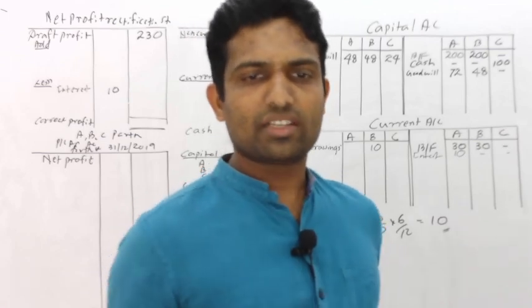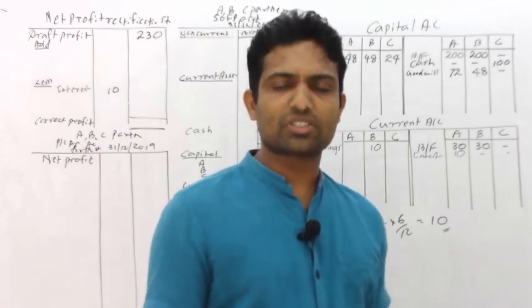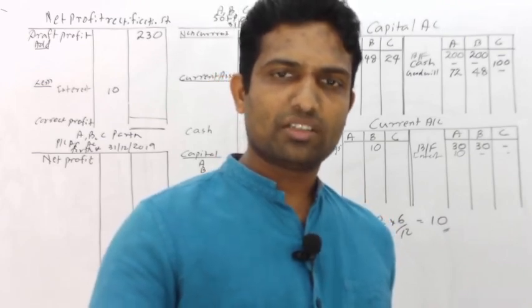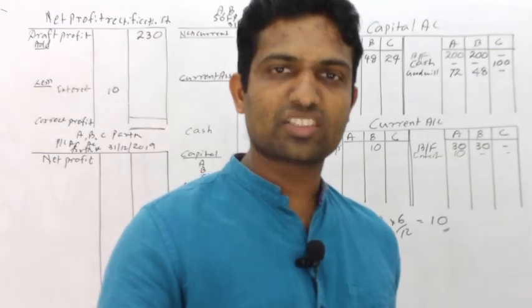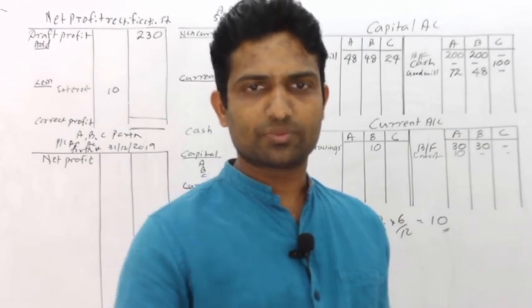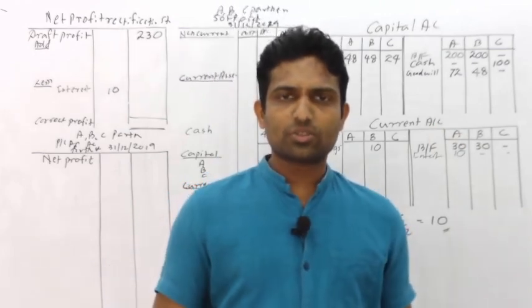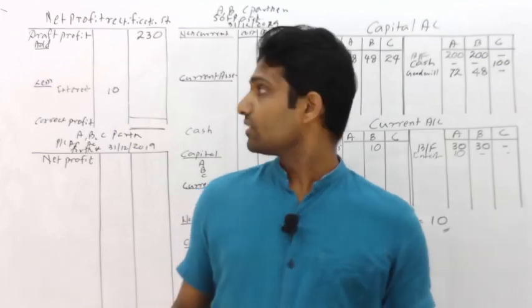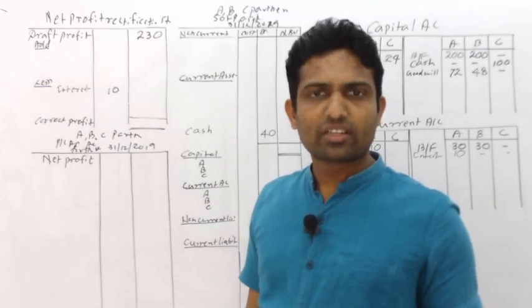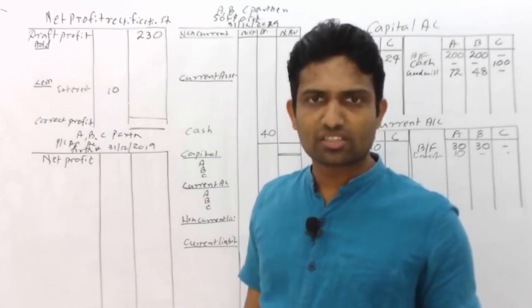Then all partners have agreed to transfer rupees 20,000 to the general reserve before appropriation of the net profit. You remember in the partnership first class, the very first day, I discussed how to transfer to general reserve. Transfers to general reserve should be deducted from the profit of the year. From the net profit, they all have agreed to transfer a certain amount to the general reserve.